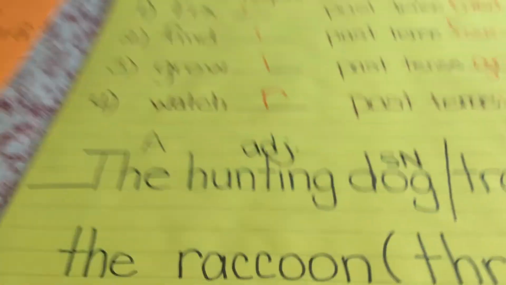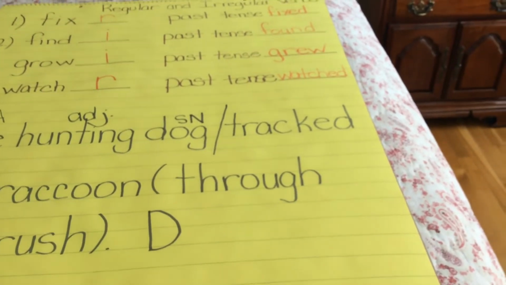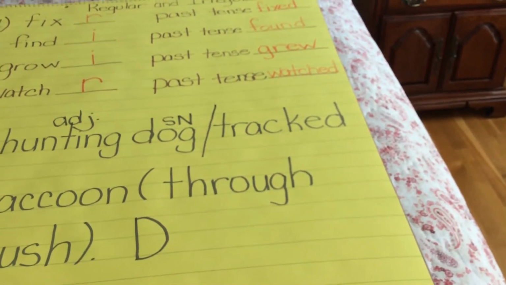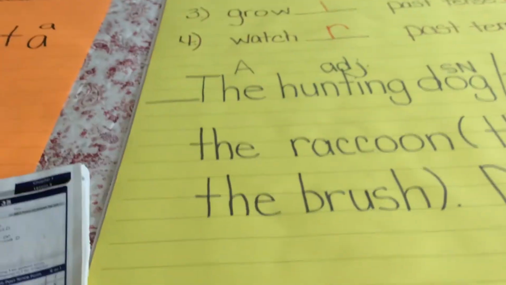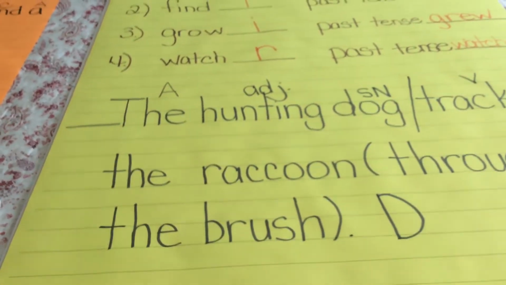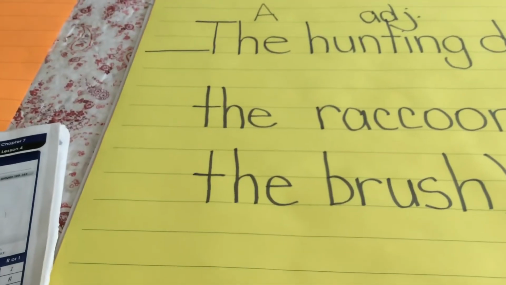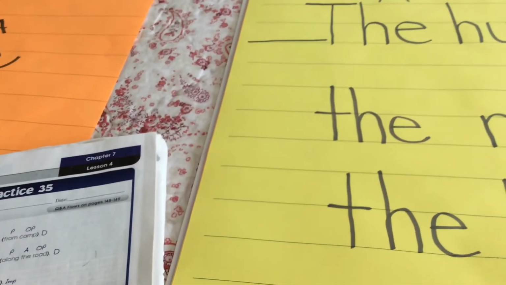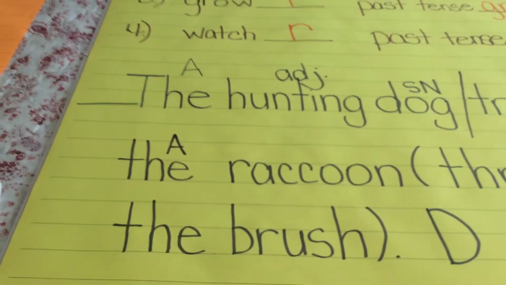Boom. All right. What is tracked? Well, we had already said that before, but it's showing action. We know that it's our verb. Not going to do anything yet. What is the? Well, we already have the up here. So we know that the is going to be, you are correct. It's going to be another article adjective. Okay. Well, what is raccoon?